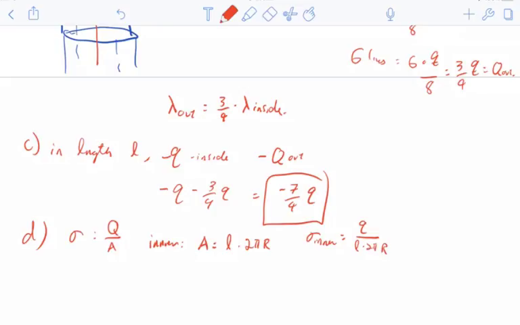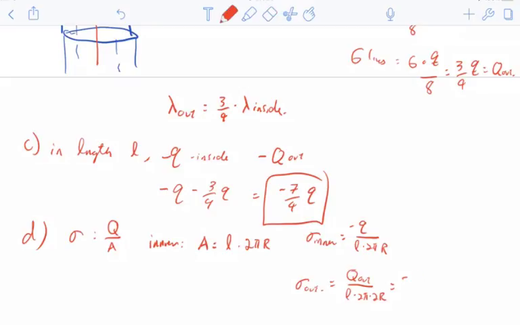Lambda for the outer one, the radius is twice as big, so it's q out over 2 times 2 pi 2r. Q out is minus 7, nope, not 7 over 4. I guess we got that one.